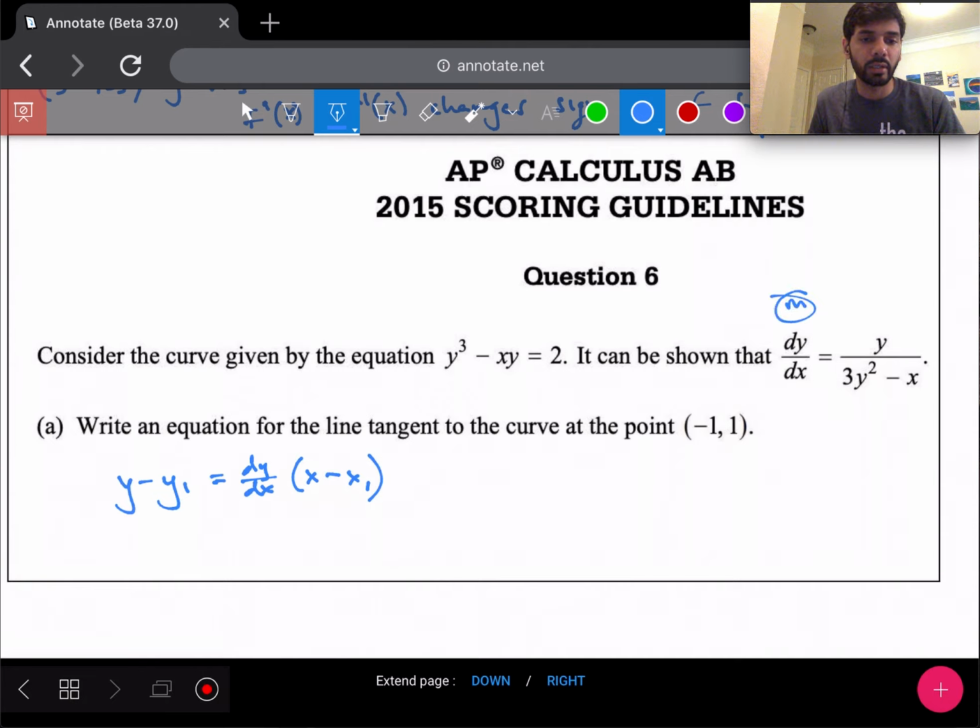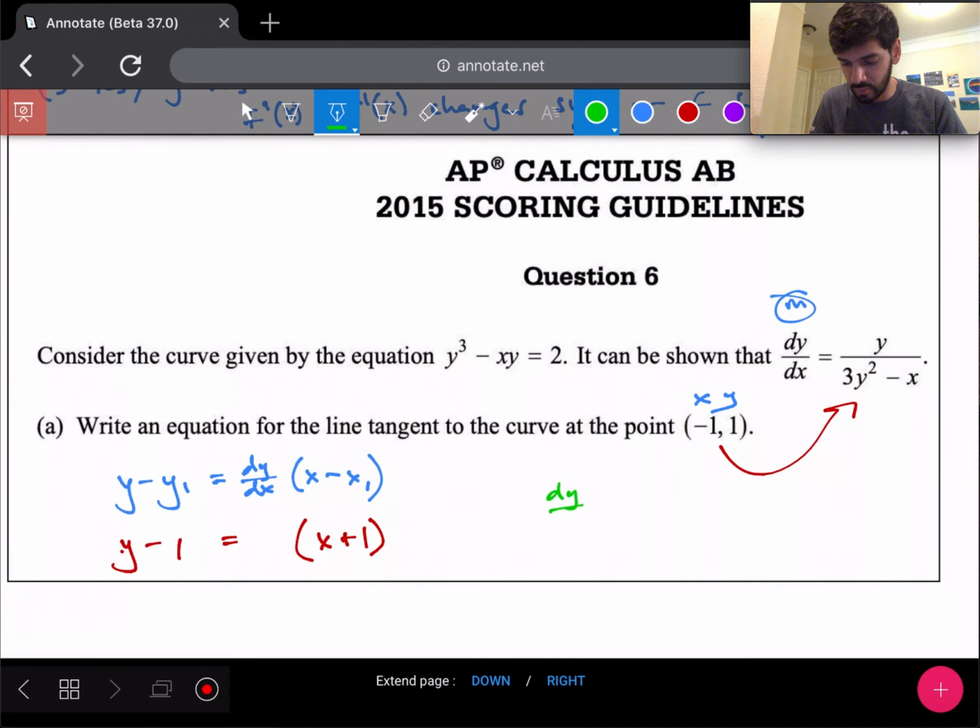We already have our x and the y value, negative 1 and 1, so I can go ahead and start filling that in. Y minus 1 equals, we don't know what our slope is yet, but we do know x minus negative 1, which is x plus 1 here. And I just need to figure out my slope. The way I figure out my slope is I plug it into that guy right there. So I'll do dy dx with negative 1 comma 1 plugged in.